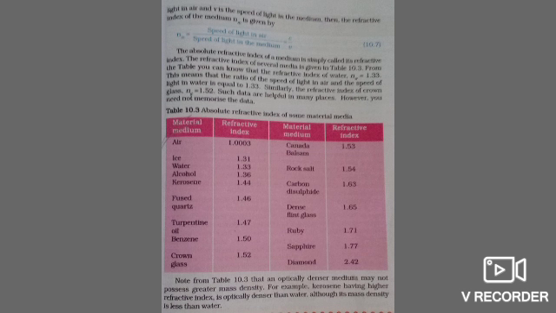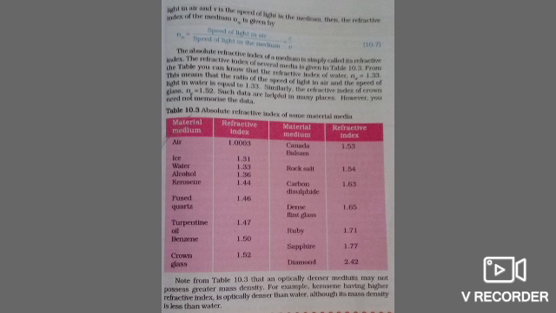If medium 1 is air and medium 2 is other than air, then the ratio of speed of light in air to speed of light in the medium is the absolute refractive index. They may ask what you mean by nw equals 1.33. It means the ratio of speed of light in air to the speed of light in water is equal to 1.33. That is the meaning you have to keep in mind.